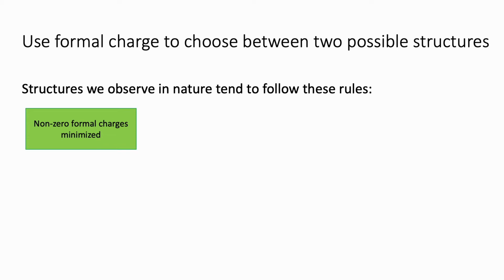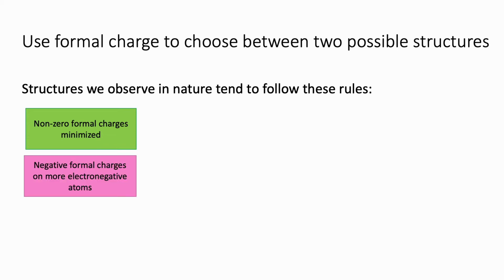In other words, it's preferable if everything is zero. But if you can't have everything zero and still follow other rules like octet rules, you're going to have the smallest possible numbers. So if you can't have all zero, you might have, for example, a -1 and a +1. That would be preferred over a -2 and a +2, or two -1s and two +1s.